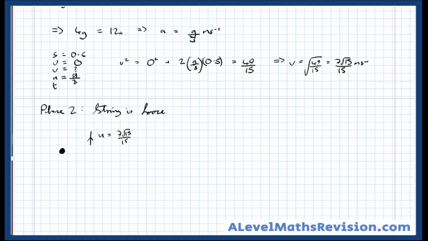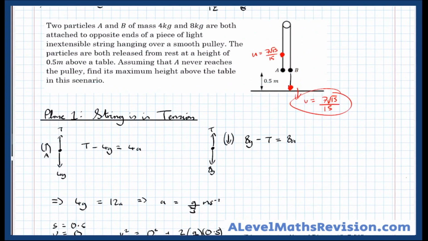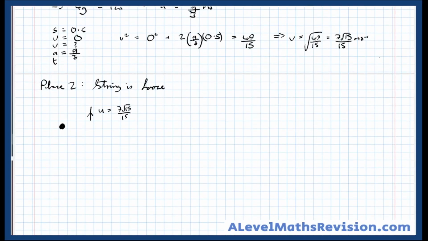Now the acceleration is moving downwards now for A, because the string is loose. It's no longer being pulled up by the string. It's actually now being pulled down by gravity. So downwards, it's going to have an acceleration of g, or 9.8 meters per second squared. And let's not forget the unit for velocity, meters per second.